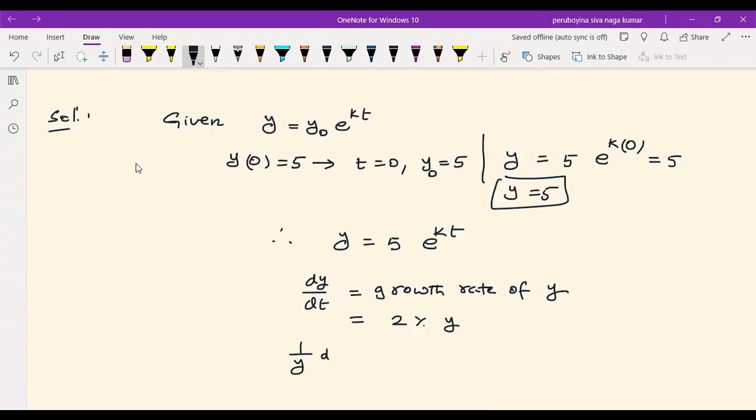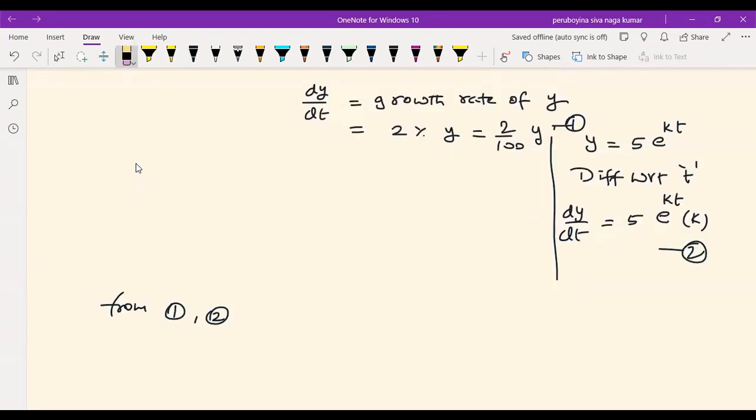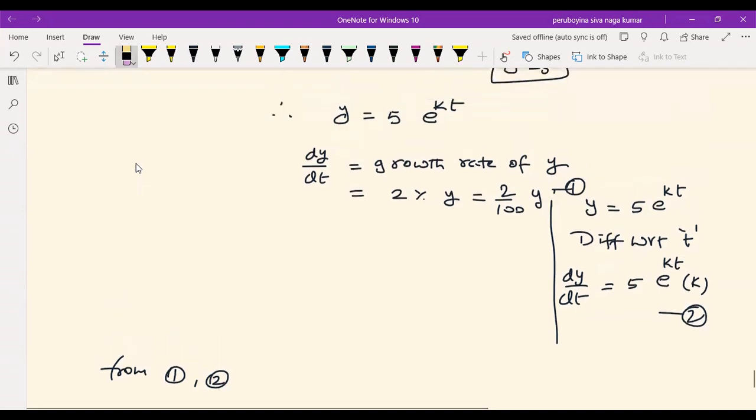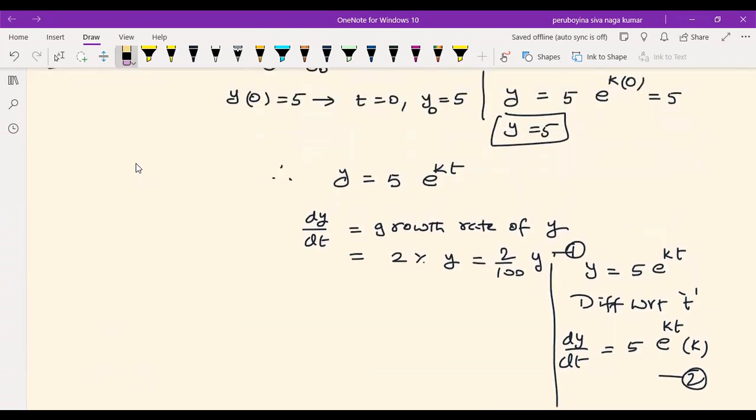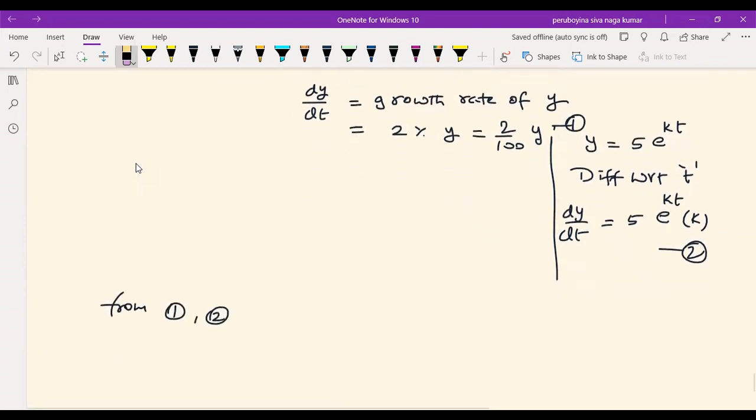So 1 by y into dy by dt equals 2 by 100. Say this is equation 1. And we already have the y value. Take this and differentiate it. Look at this. Here is dy by dt, and here also we got dy by dt. So that means we can equate both of these values.